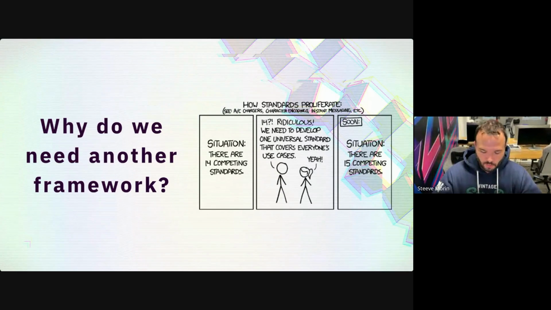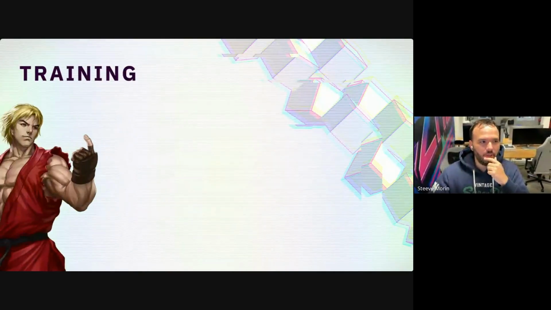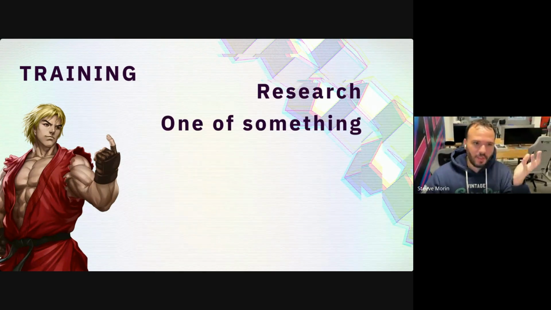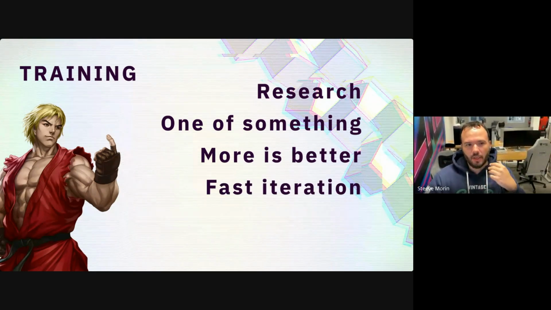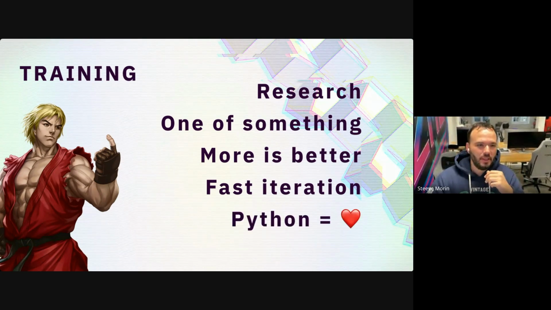Well, the issue we faced as operators is that everything is built for training, essentially, and not so much for production, so inference. Research mostly is making one of something. Training, we consider it to be research. More is better. We also incentivize fast iterations. That's why Python is a great choice for that.